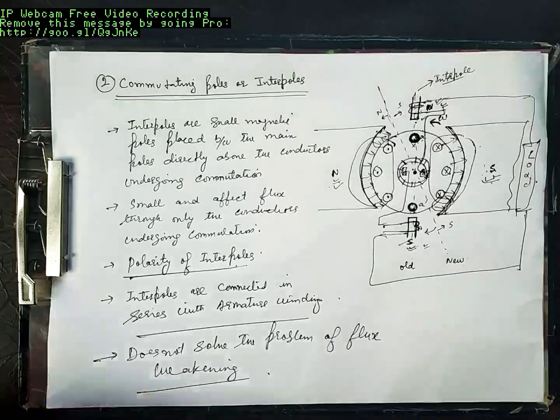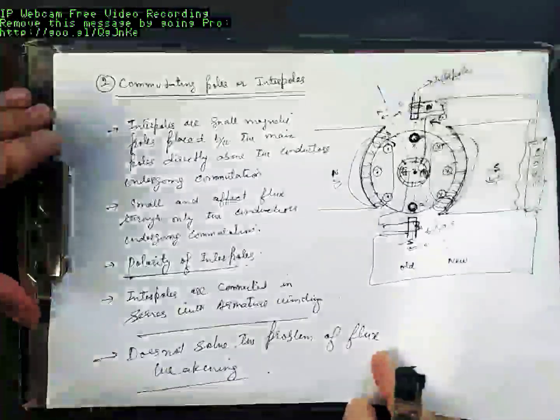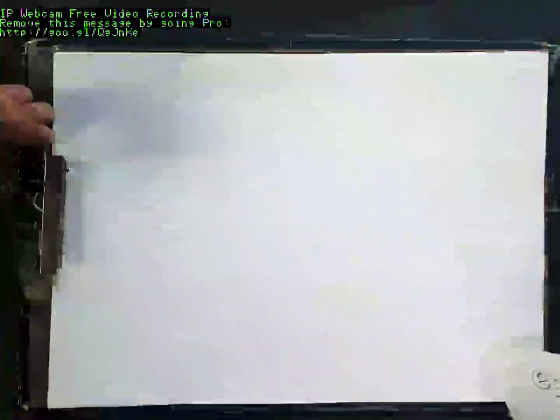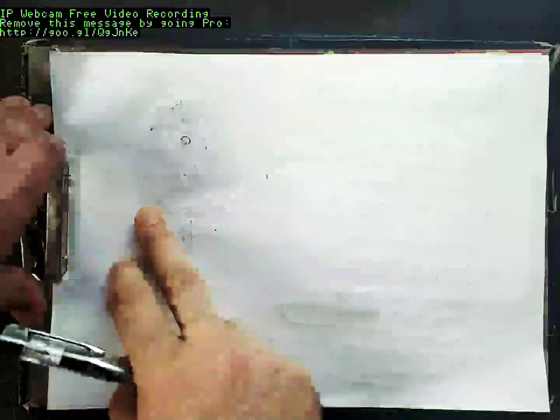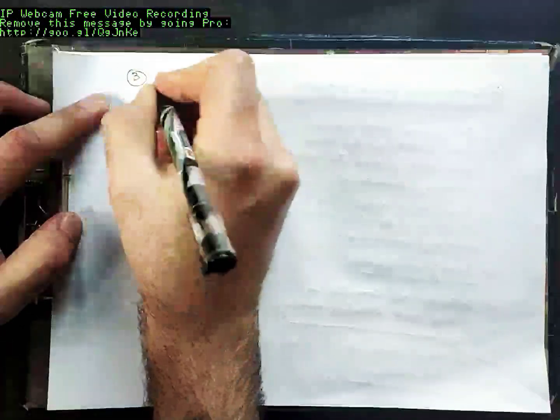Let's move on to the third method of solving this problem. The third method that can help us solve this problem is known as compensating windings.